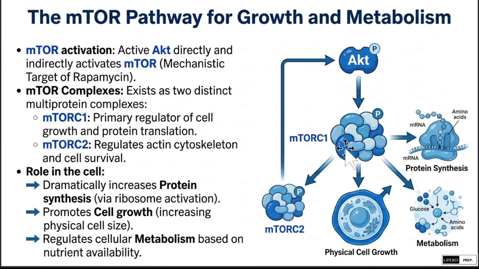The mTOR has two types, mTORC1 and mTORC2. mTORC1 activates protein synthesis, metabolism, and cell growth, and mTORC2 activates the actin cytoskeleton and cell survival. What is the role in the cell? It dramatically increases cell protein synthesis, promotes cell growth, and regulates cellular metabolism based on nutrient availability.